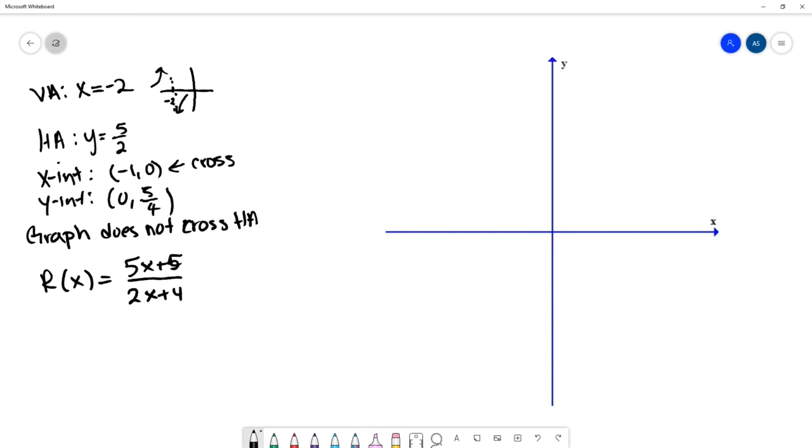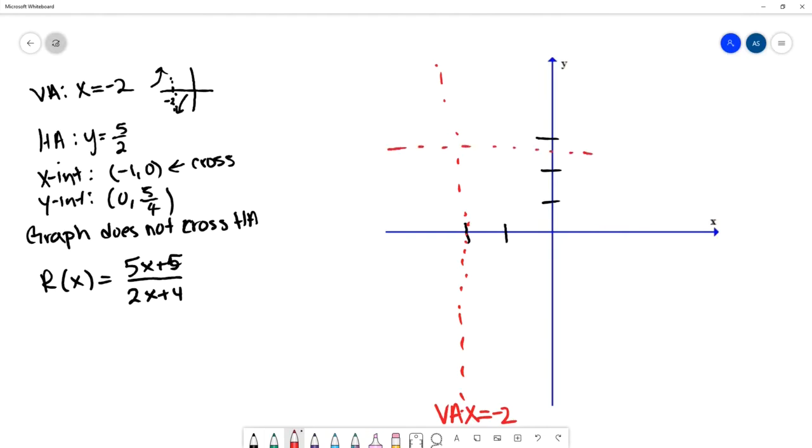So I'll start by putting in the asymptotes and the individual points that we found. So I'm going to make this really big. So let's make this -1 and -2. We have a vertical asymptote. I'll label it vertical asymptote at x equals -2. Then we have a horizontal asymptote at y equals 5/2. That's 2.5.